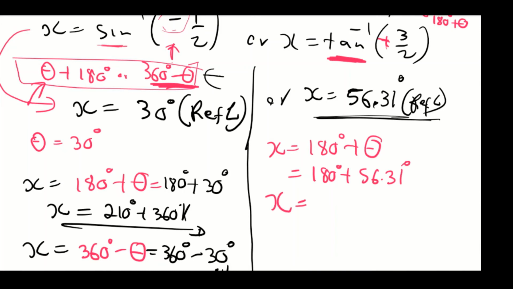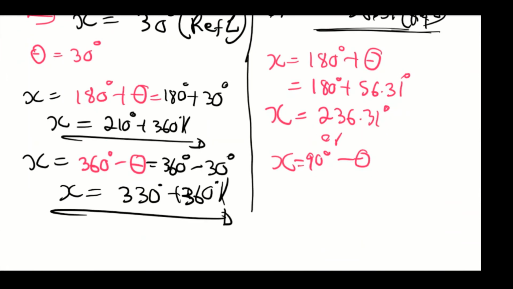So your solution of x is going to be 236.31 degrees, or another solution is going to be equal to 90 degrees minus theta, right?